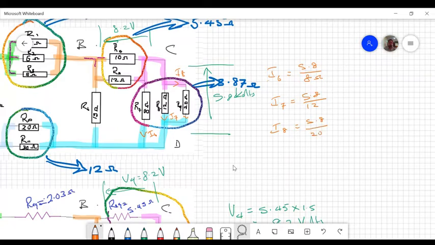So putting these in my calculators, 5.8 divided by 8, 0.73 amps. This one is equals to 5.8 divided by 12, 0.48 amps. And this one is divided by 20, 0.29.